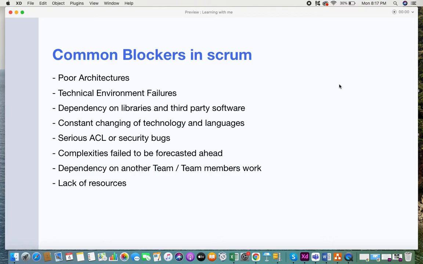The next one is technical environment failures on which the product is dependent. When there are certain failures, ultimately it causes a block in deploying a product or a task. The next one is dependency on libraries and third-party software.